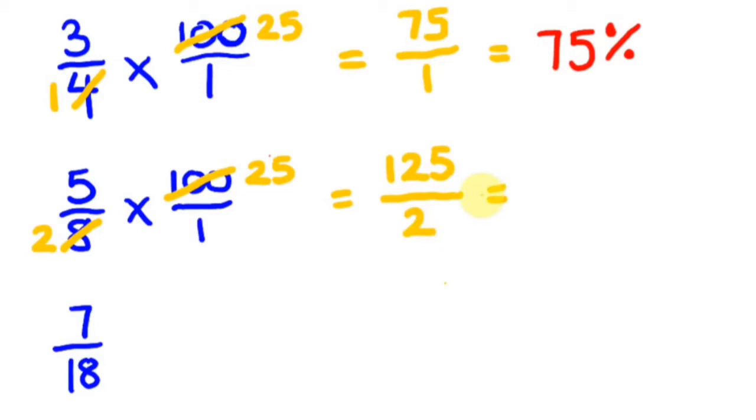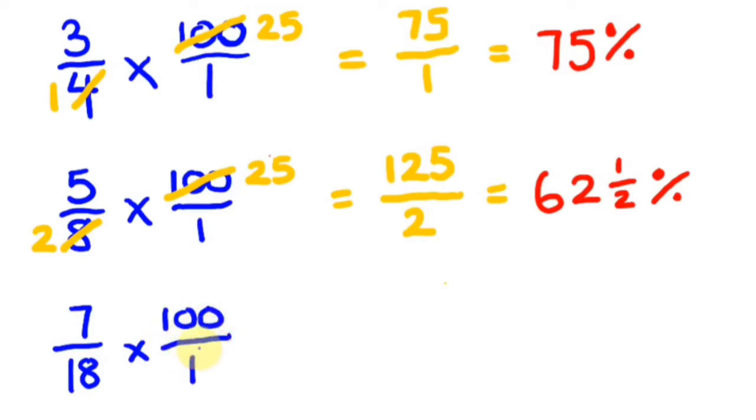Now we can divide 125 by 2 because it's an improper fraction, so we are going to get a mixed fraction. 2 into 12 is 6, and 2 into 5 is 2 remainder 1, and that becomes our numerator over 2. So that is 62.5%.